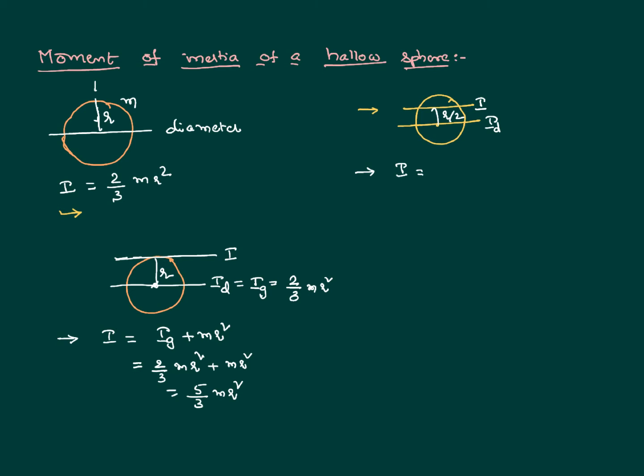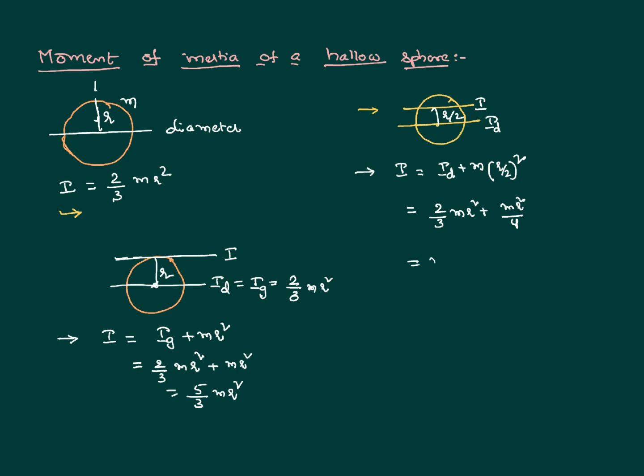We can write I as I about the diameter plus m x square, where x is the perpendicular distance between the two parallel axes, which is r by 2. I about the diameter, as said earlier, is 2 by 3 mr square, plus mr square by 4.